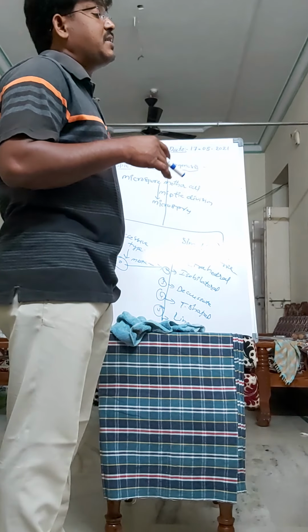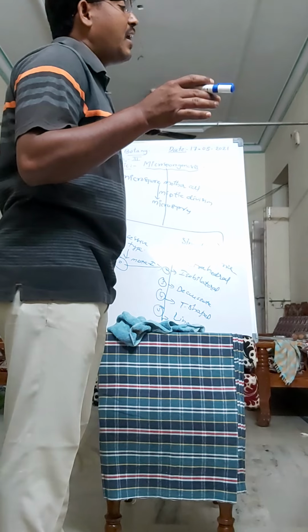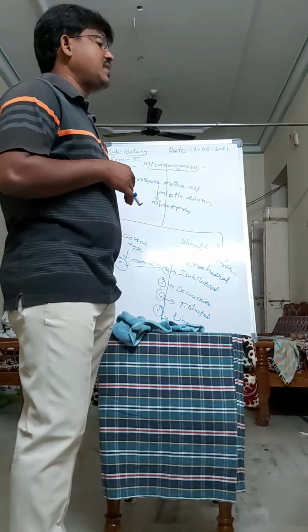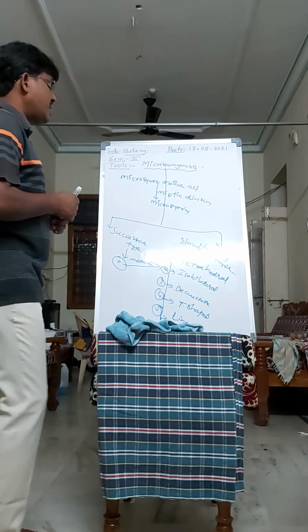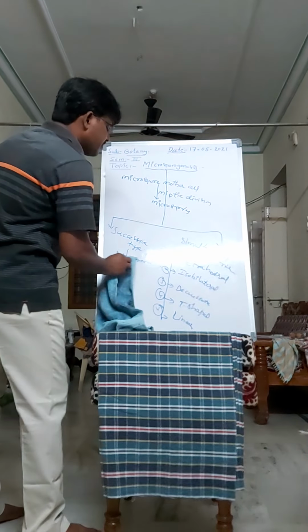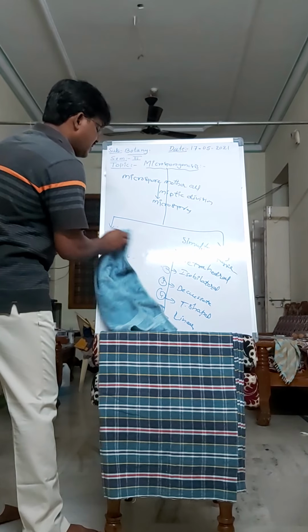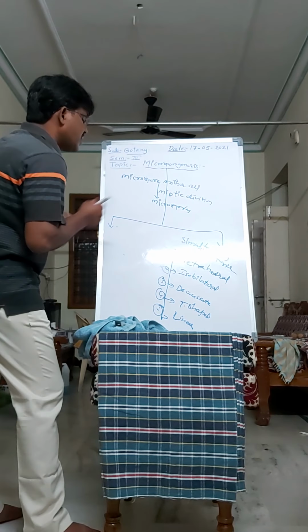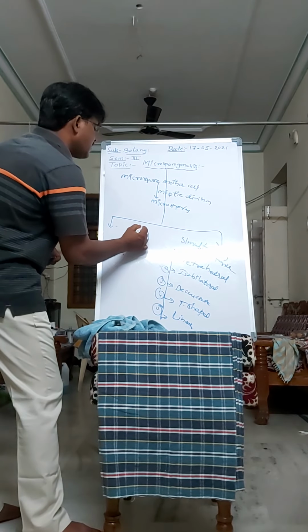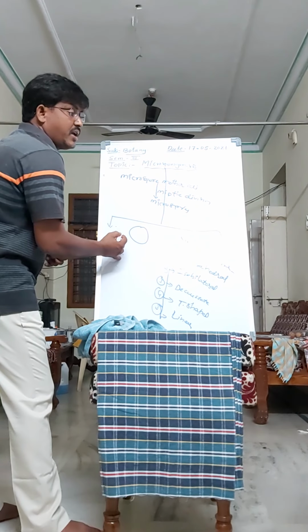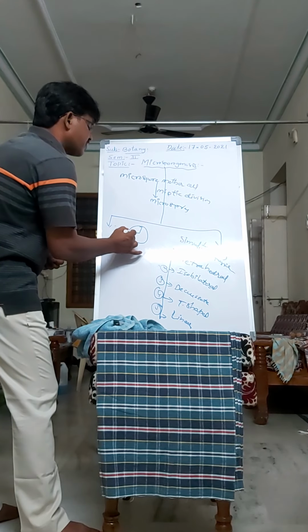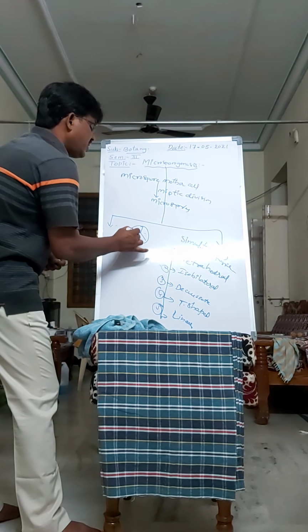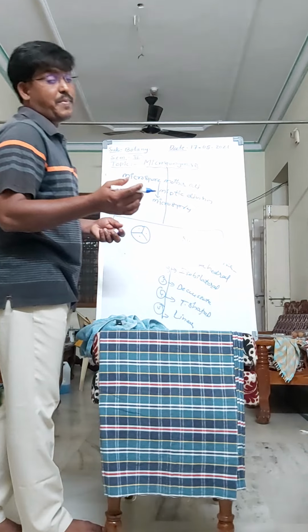So this type is generally present in dicot plants. This is the tetrahedral structure. For example, this is the pollen grain. Like this, 1, 2, 3, and another one is on the back side.